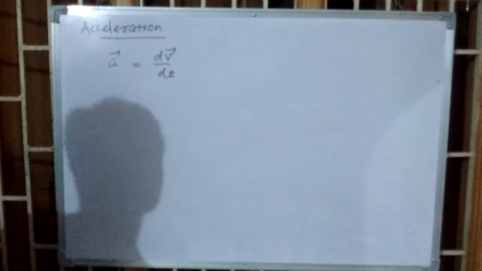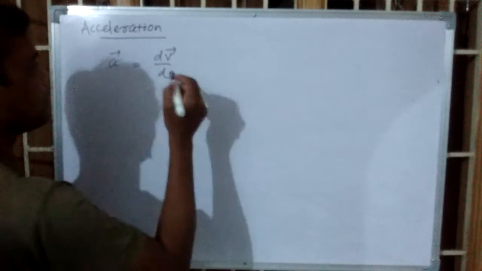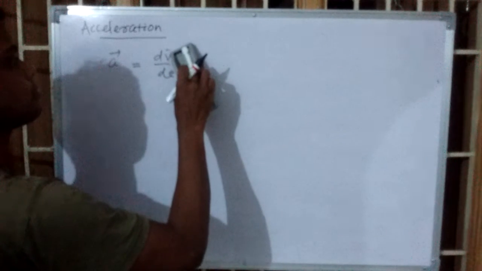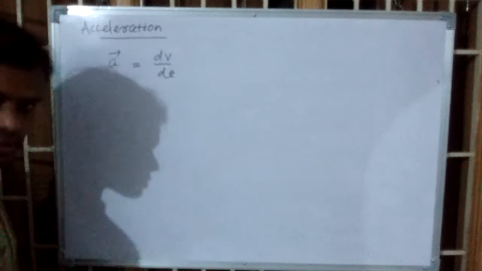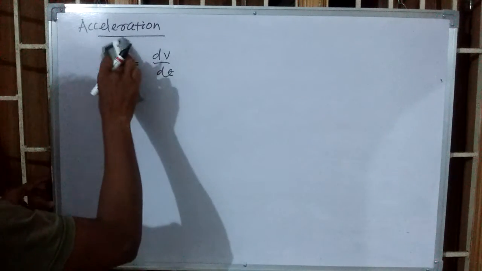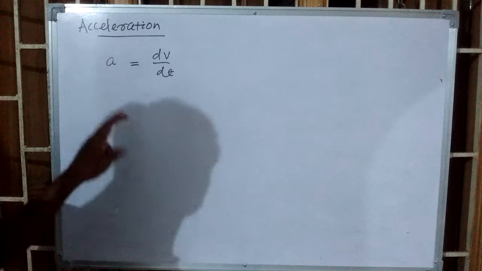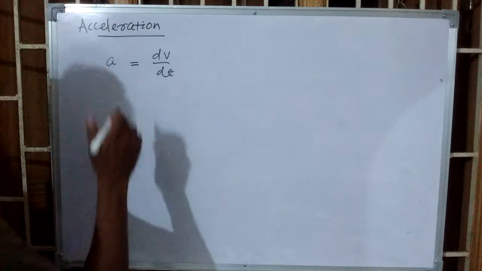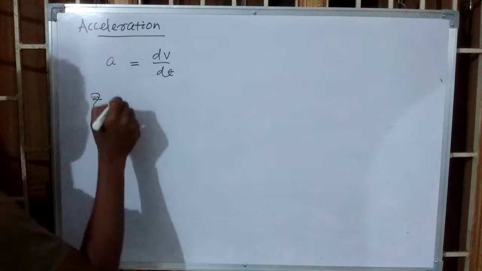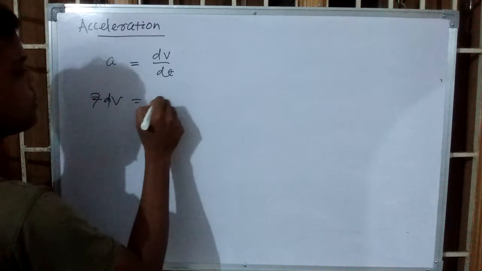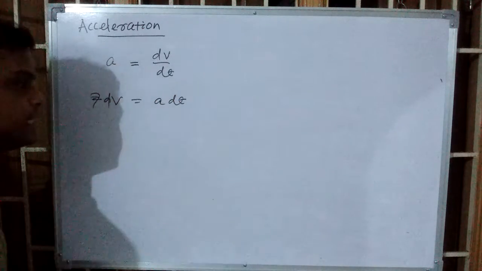I will also omit the vector sign, because we already know that velocity is a vector. We know acceleration is a vector, v is also a vector. This implies dv is equal to a dt.